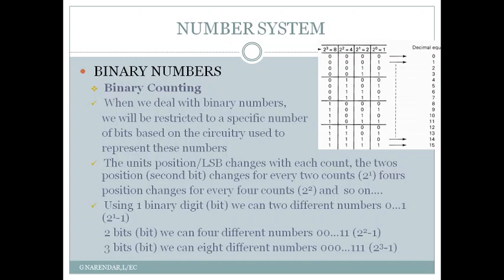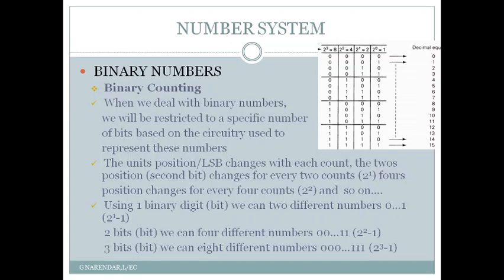You can see that using one binary digit, you can form 2 different numbers, 0 and 1. With 2 bits, we can form 4 different numbers, and with 3 bits, we can form 8 different numbers, starting from 000 to 111. And with 4 bits, we can form 16 different numbers as shown in the diagram.